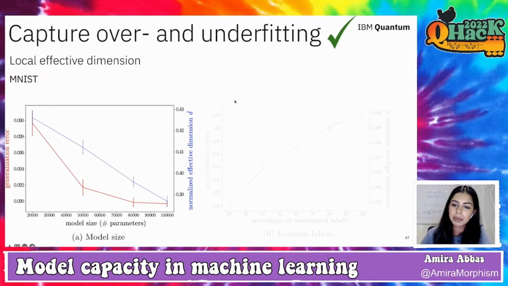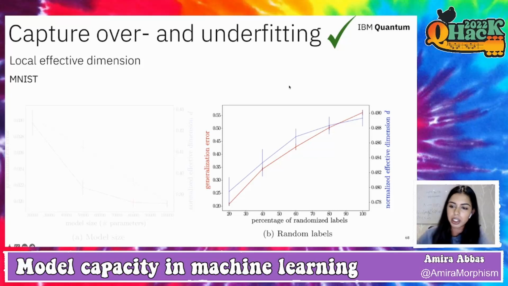And then you can make an experiment, which has become quite popular now in classical machine learning, where you force your model to overfit by messing with the training data, and then check how the generalization error looks on test data, on true data. What I mean by messing with it is that you can randomize labels and shuffle them, then train a model and force it to fit that shuffled data set. So on the x-axis here is the percentage of how much you randomize your labels for a supervised training task.